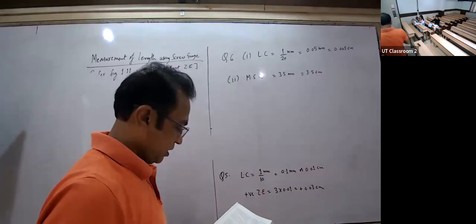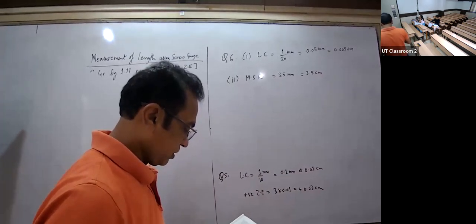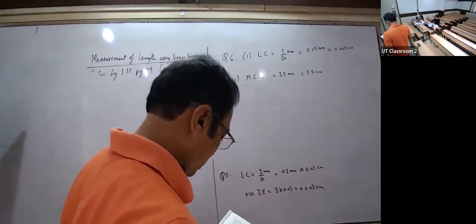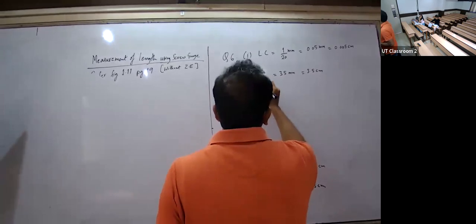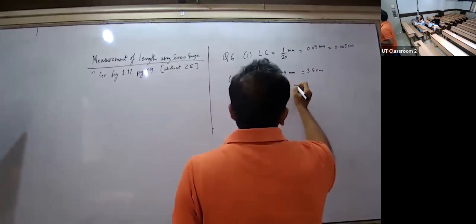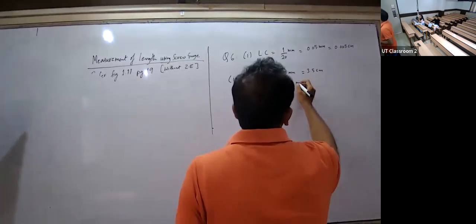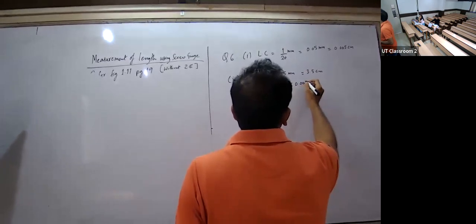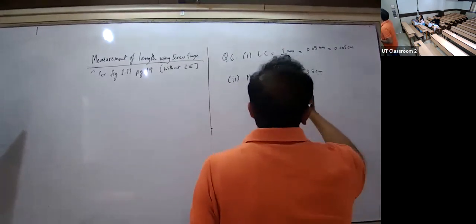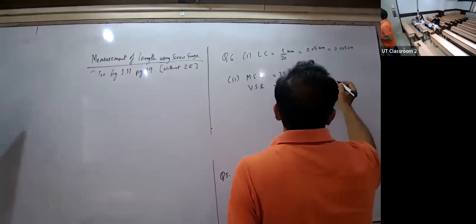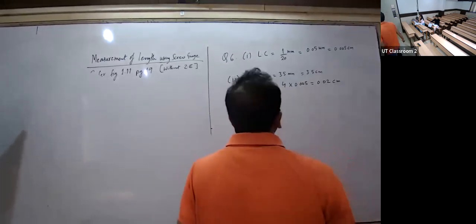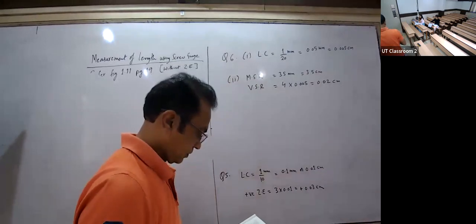So this is the main scale reading. Then the fourth division of vernier scale coincides with a main scale division. So what is vernier scale reading? The coinciding division into least count, which is 0.005, which is 0.02. Correct?